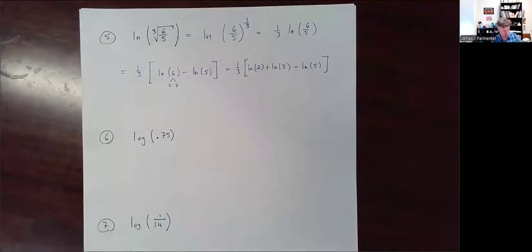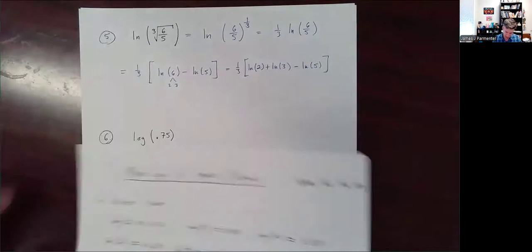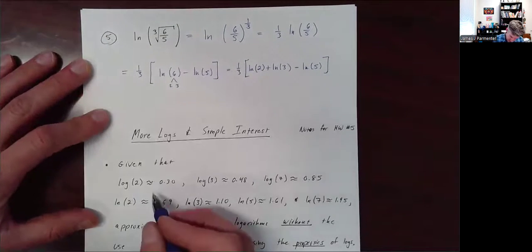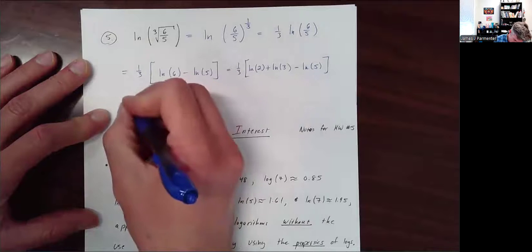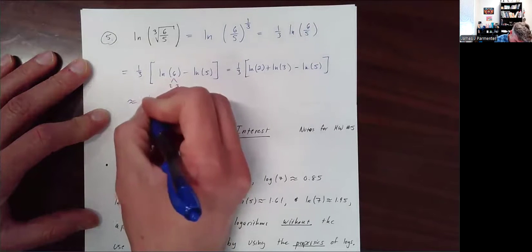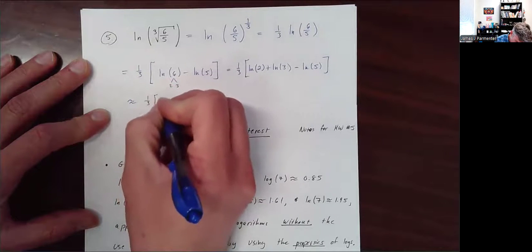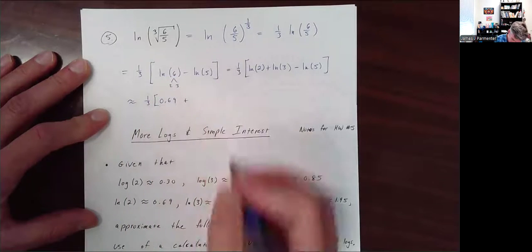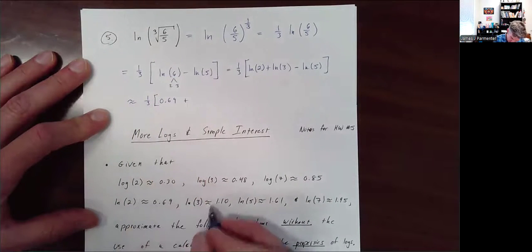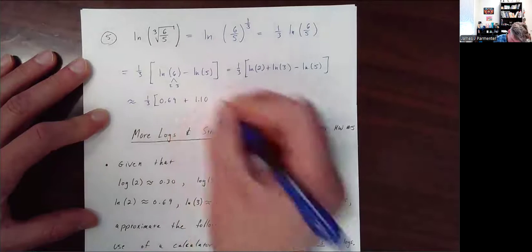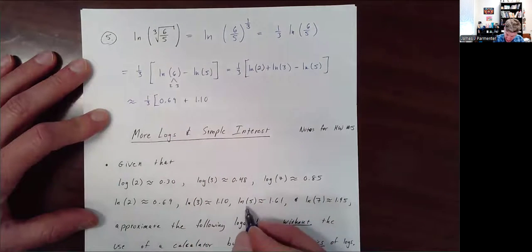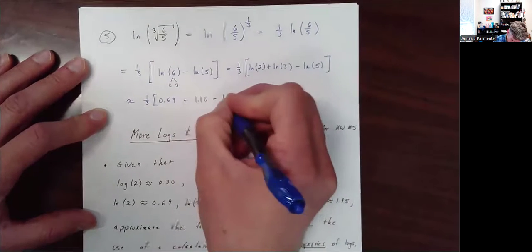Now I'm going to use my approximations. I know that the natural log of 2 is approximately 0.69. So it's going to be approximately 1/3 times 0.69 plus the natural log of 3, which is about 1.10, minus the natural log of 5, which is 1.61.